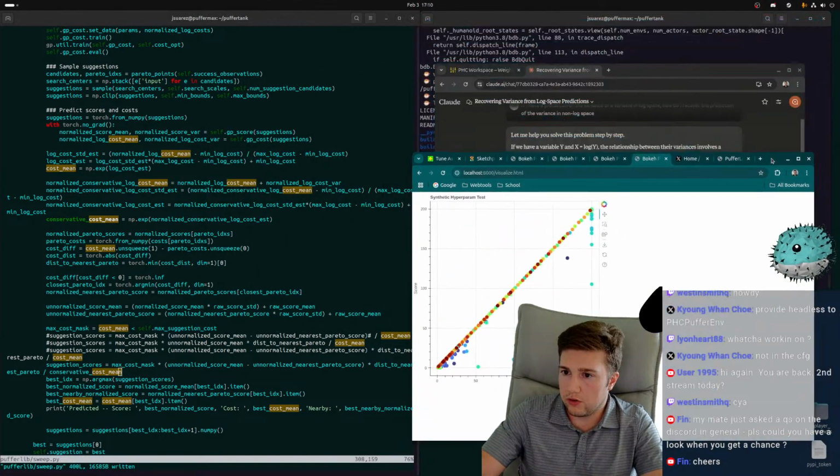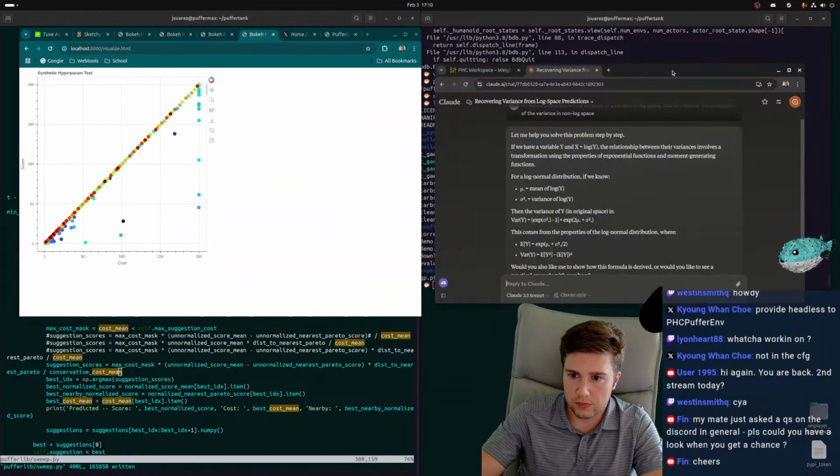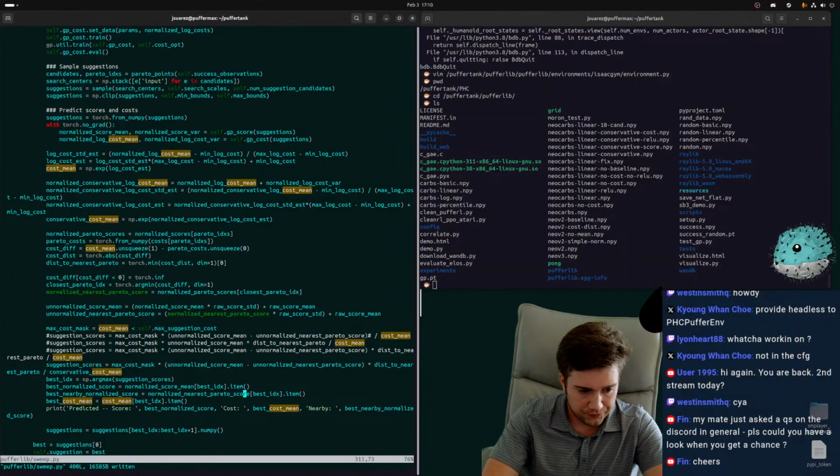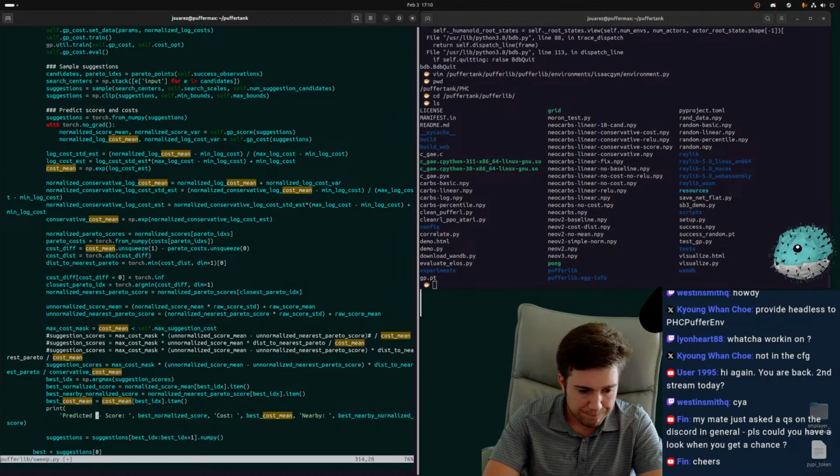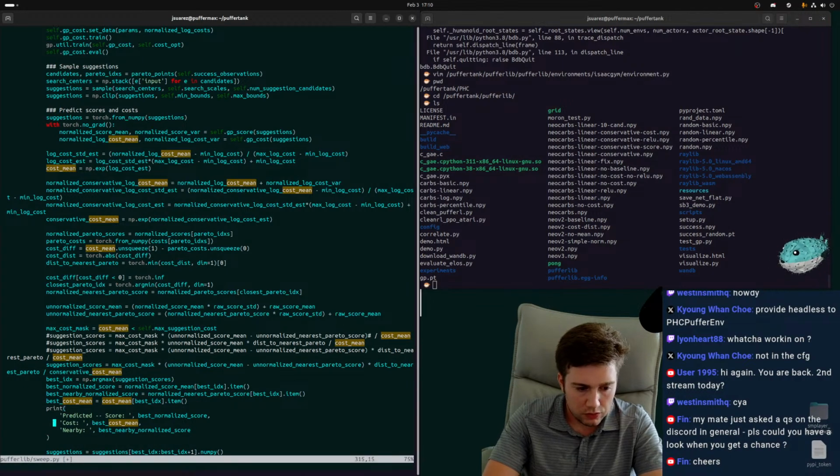And I want to also change the prints here so we can tell what's going on. So we're going to do, this is going to be predicted.